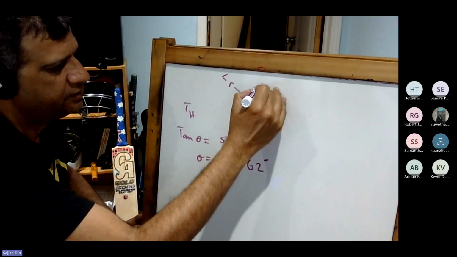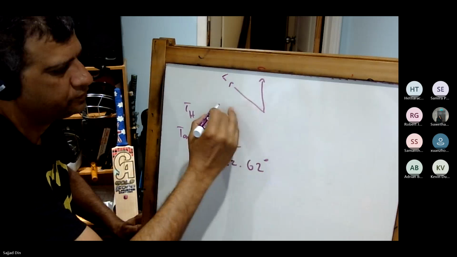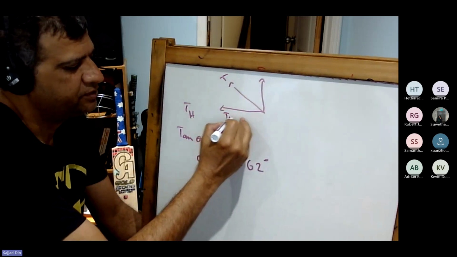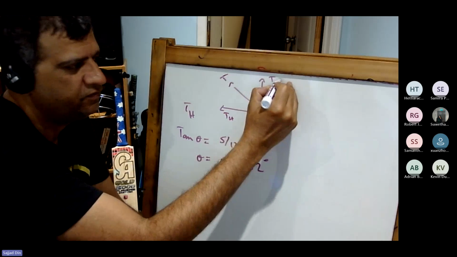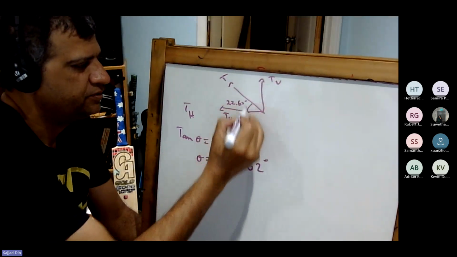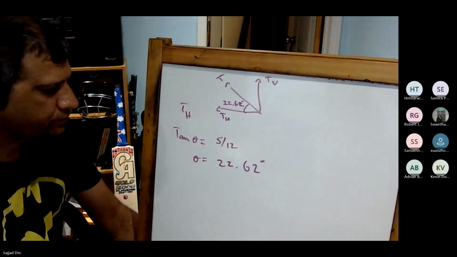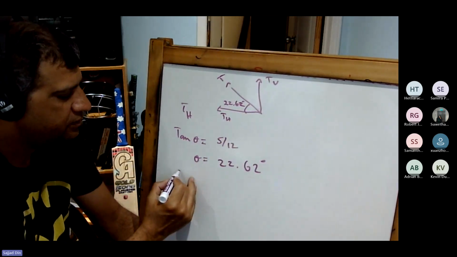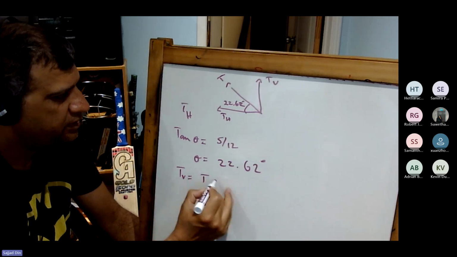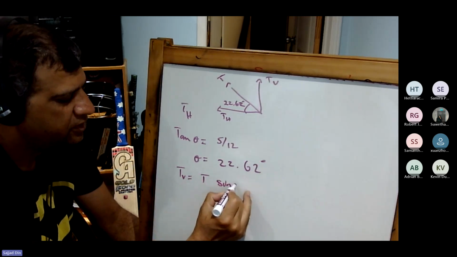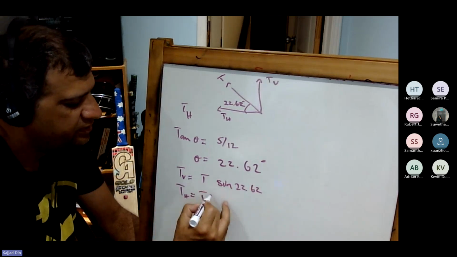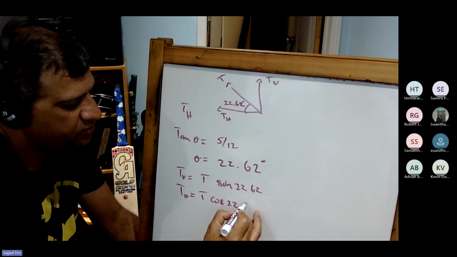It's T, TH and TV. This is 22.62 degrees. So TV is equal to T times sine 22.62 degrees, and TH is equal to T times cosine 22.62.